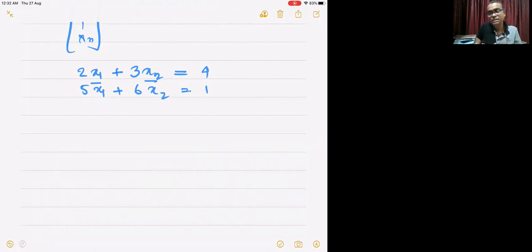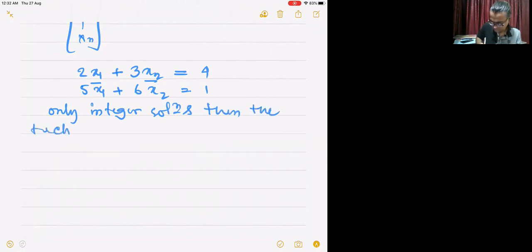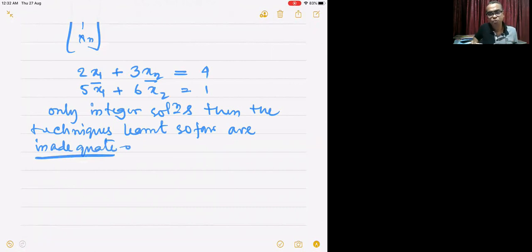I cannot do all the operations and convert these equations to row reduced echelon form when I'm dealing with just integers. So if you're looking for only integer solutions, the techniques learned so far are all inadequate. We need to do something more different, right?